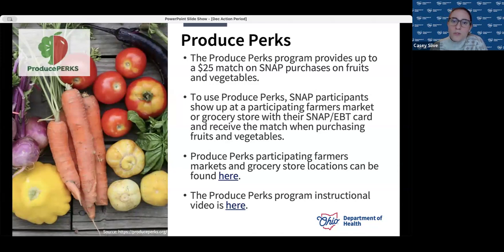The program generally provides up to a $25 free match on SNAP purchases for fruits and vegetables. The program has been expanding. It receives a USDA grant called GusNIP. They were just re-awarded a large scale GusNIP USDA award for this program, one of 8 states in the country, which is great.